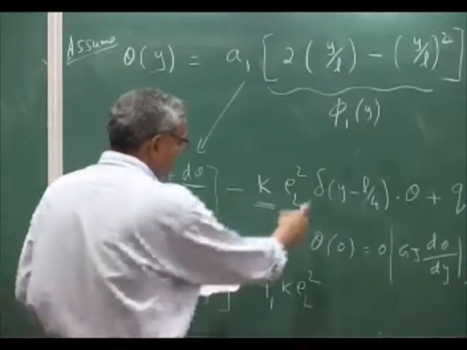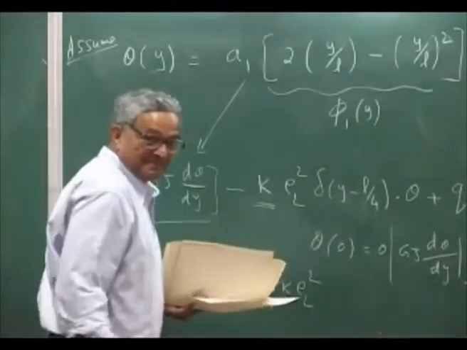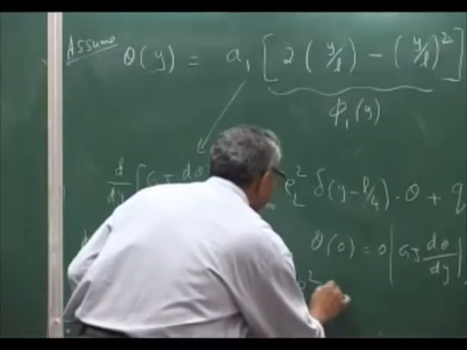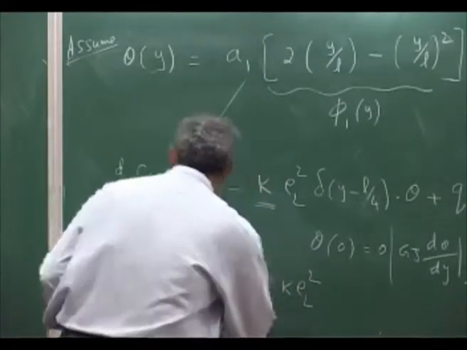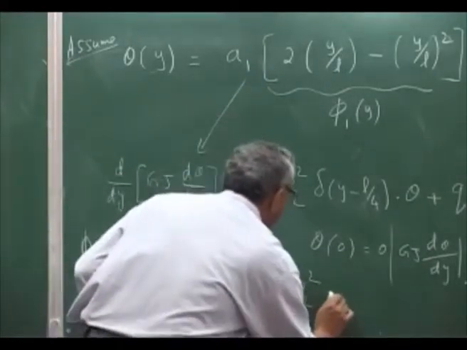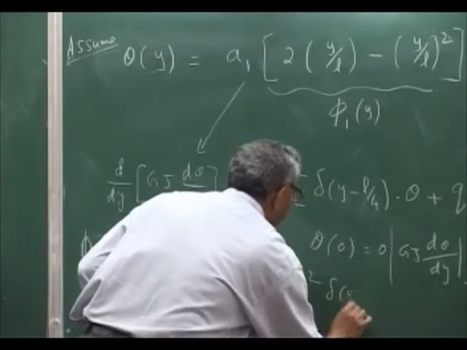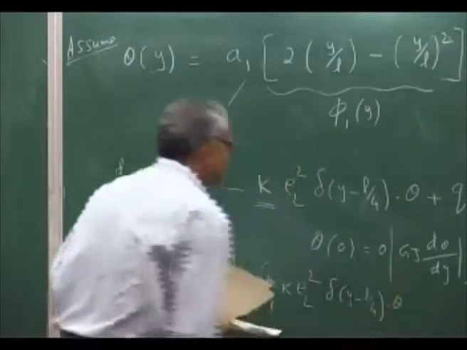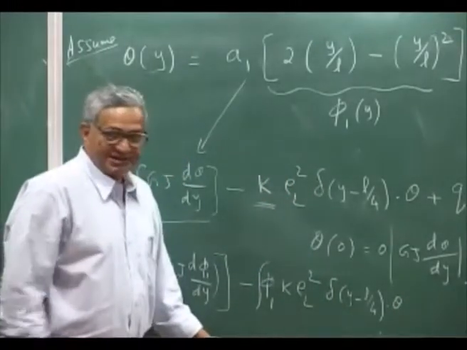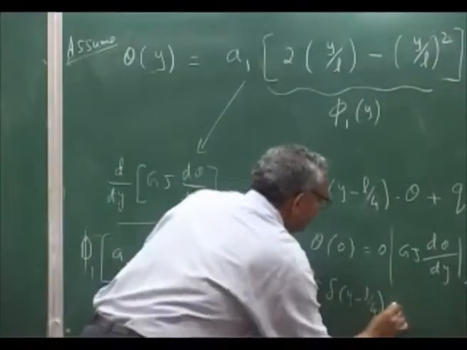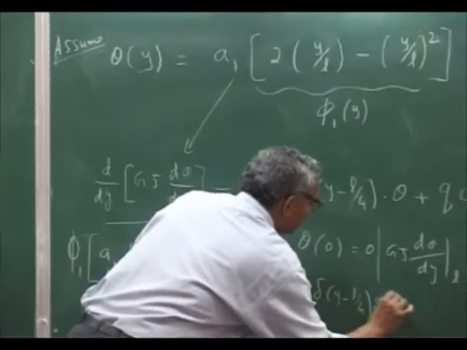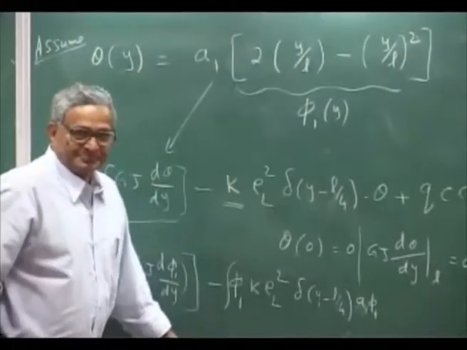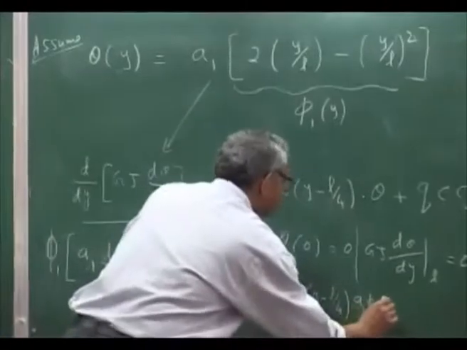You will get what? This is an integral. So you will put, because in this integral, the delta function will be there, delta y minus L by 4 into theta, right? This is what theta is, nothing but a1 phi1, into, you will have that dy.